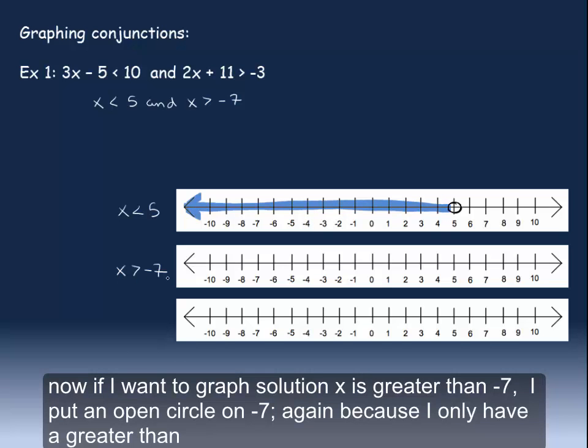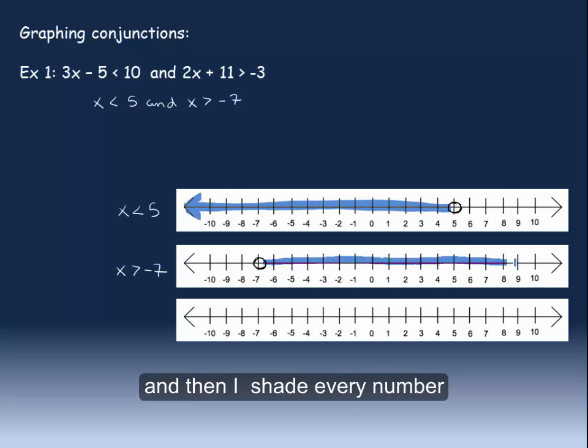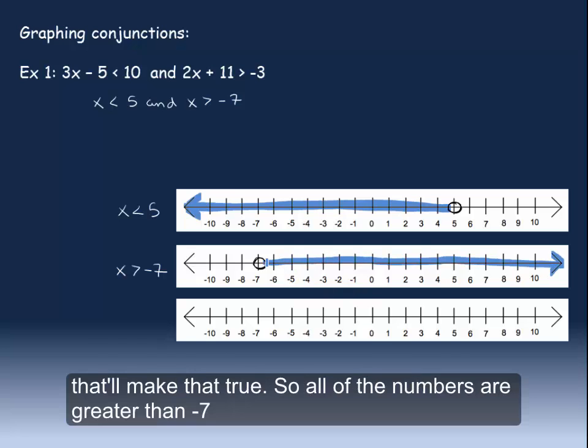Now if I want to graph the solution x is greater than -7, I put an open circle on -7, again because I only have a greater than, not an or equal to. And then I shade every number that'll make that true. So all of the numbers that are greater than -7.